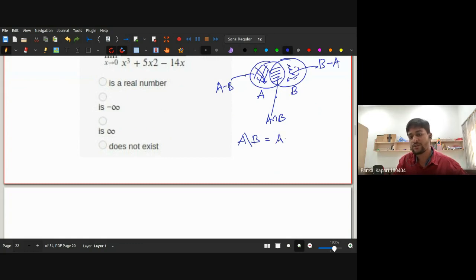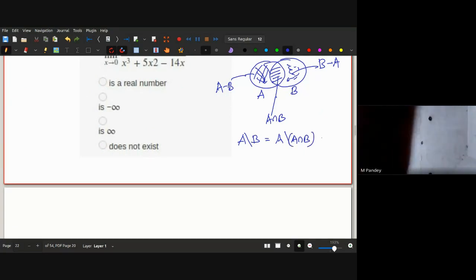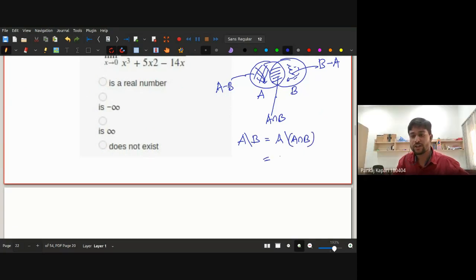This is the same as you can remove a intersection b also from a. All are the same. Or you can also take a intersection b complement. b complement means the outside of b, and you are taking from the outside the elements that lie inside a.